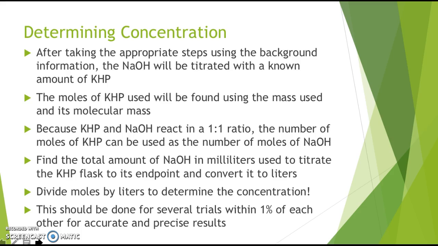Because KHP and sodium hydroxide react in a 1:1 mole ratio, the number of moles of KHP can be used as the number of moles of NaOH. Divide the number of moles by liters to find the molarity of the sodium hydroxide. Report the standardized sodium hydroxide concentration as the average of 3 trials that are within 1% relative standard deviation of each other.